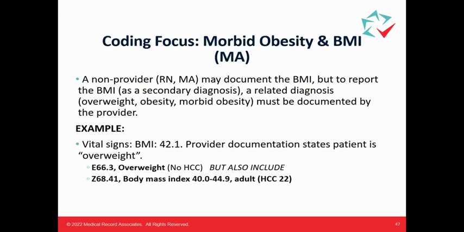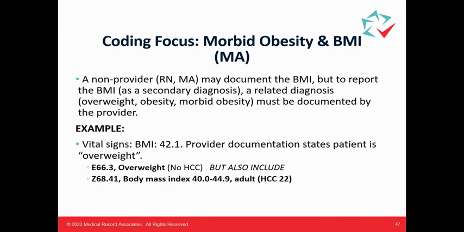And here we go, morbid obesity and BMI. And again, this is only in the MA, it's not in the ACA, but per the coding guidelines, a non-provider, meaning an RN or MA, may document the BMI, but to report the BMI as a secondary diagnosis, a related diagnosis of overweight, obesity, or morbid obesity must be documented by the provider.